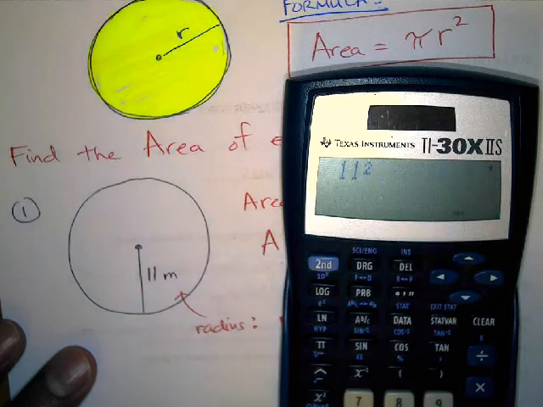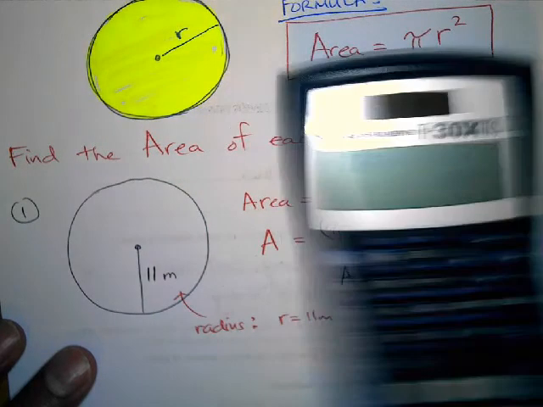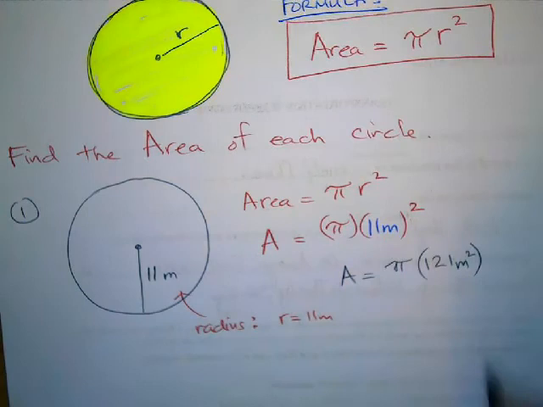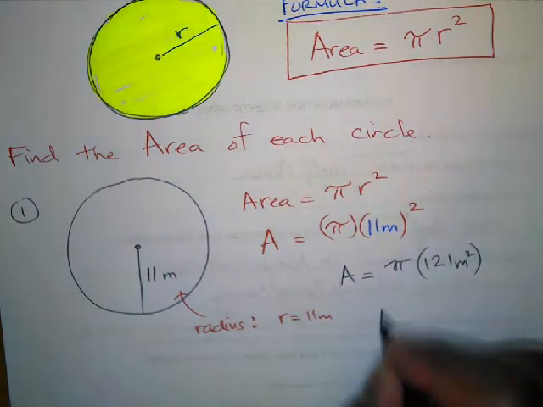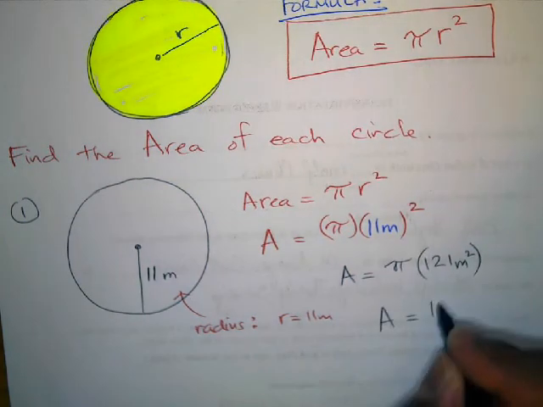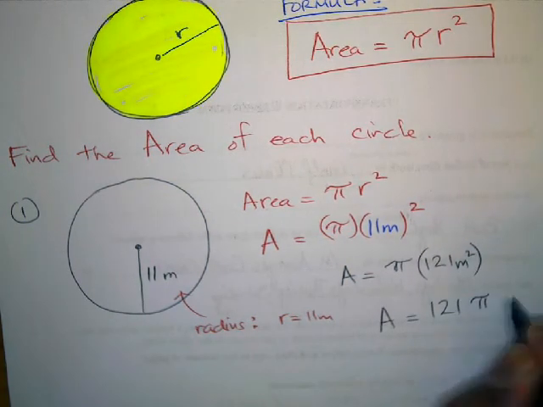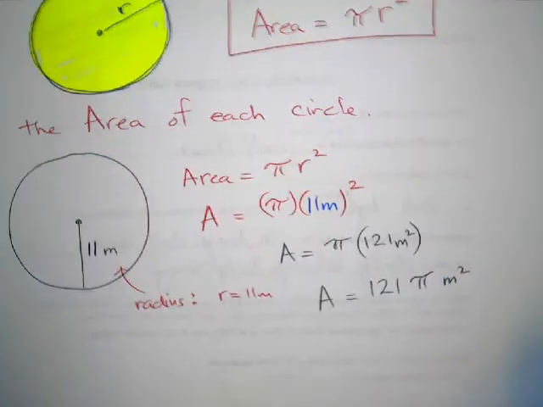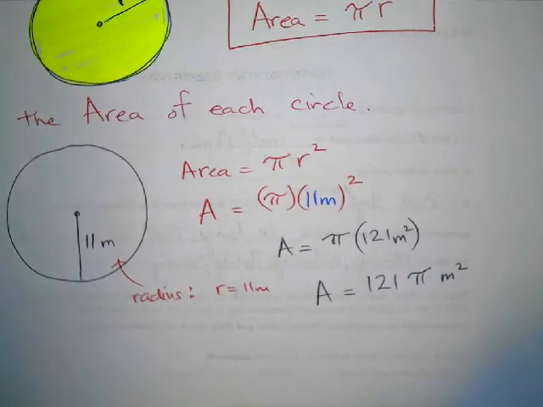Well, 11 squared is 121. So you'll have area is equal to 121 pi meters squared. That is one acceptable form of the answer, but I think here they're going to ask you to just multiply that value of pi.